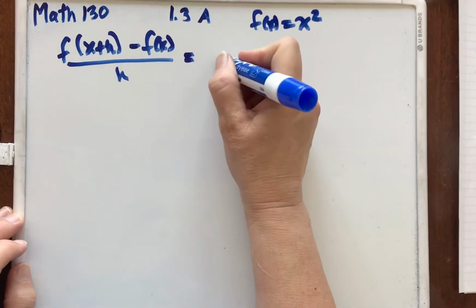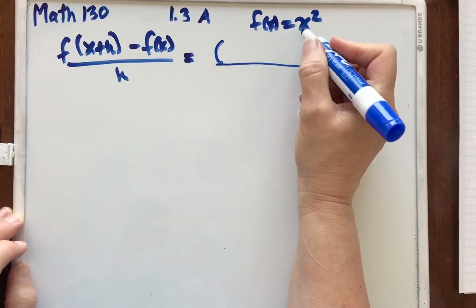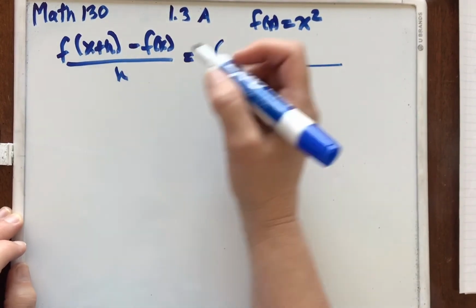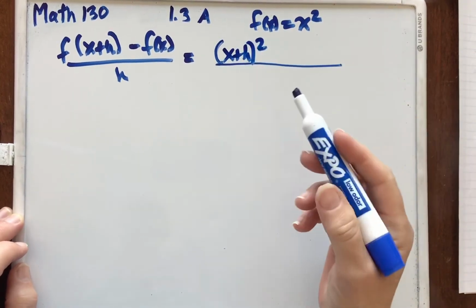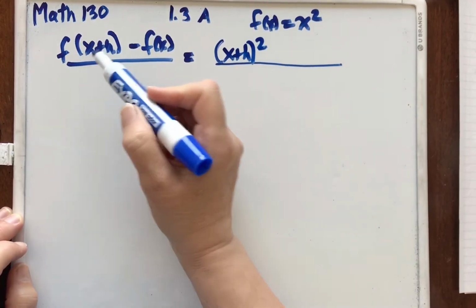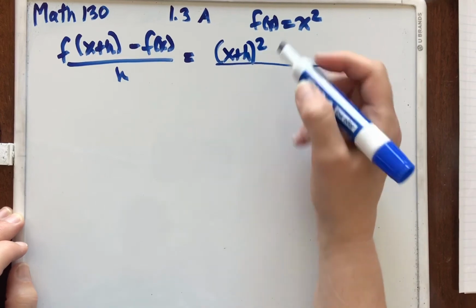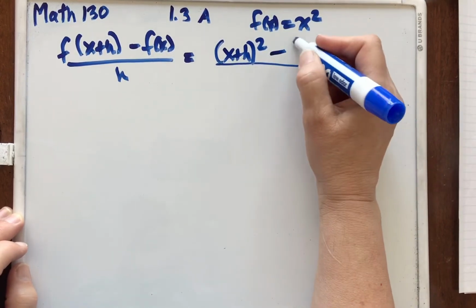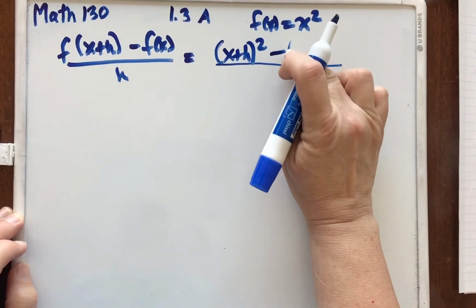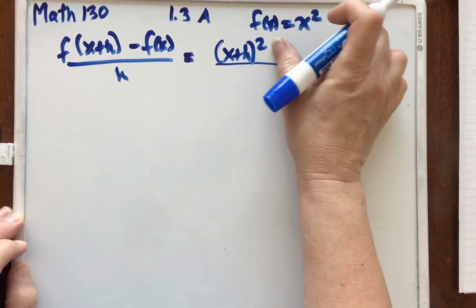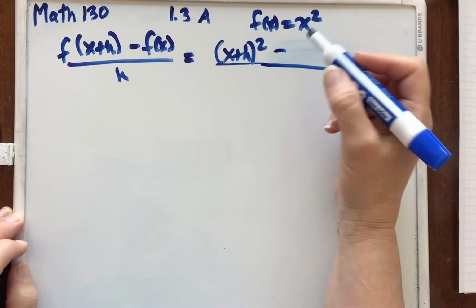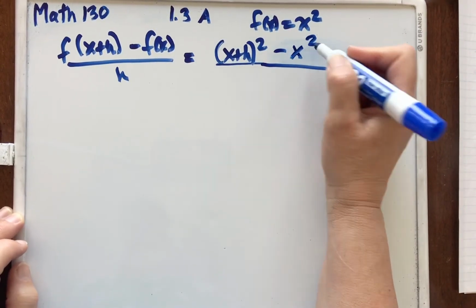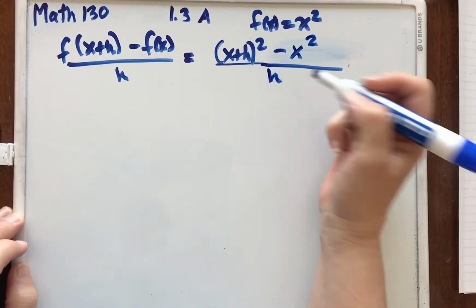And so this is going to become, because it's x squared and f of x plus h, we're looking at x plus h squared. We just put this into the input of this function, minus f of x. What is f of x? F of x is x squared, so we're going to minus x squared all over h.